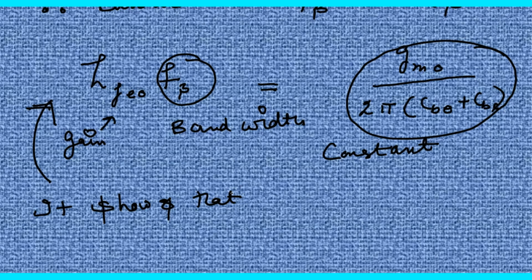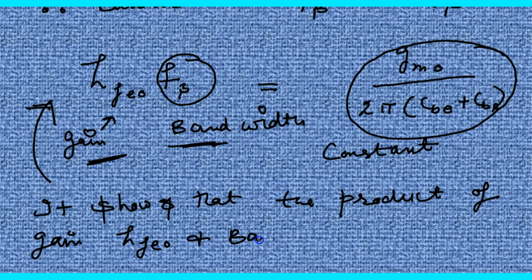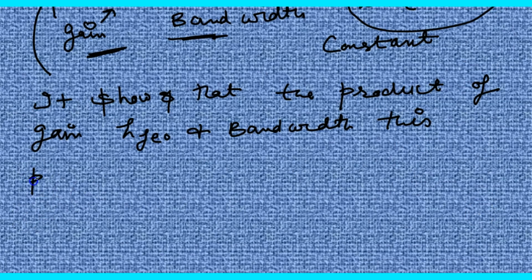So it shows that the product of the forward current ratio at low frequencies multiplied by the bandwidth remains constant for a given transistor.